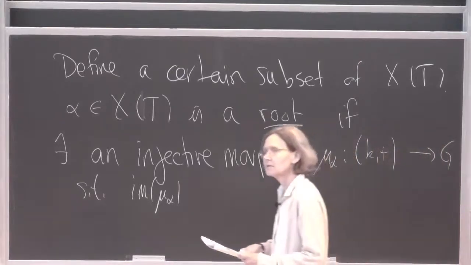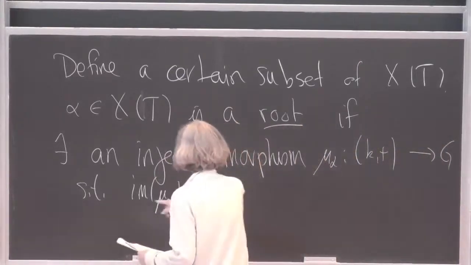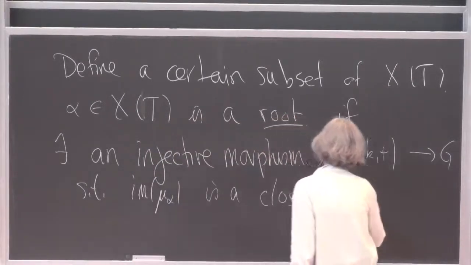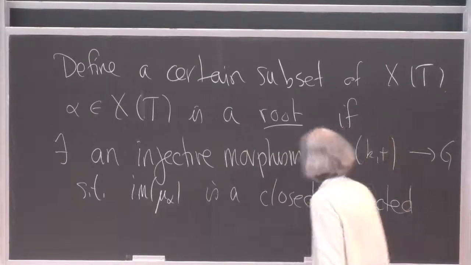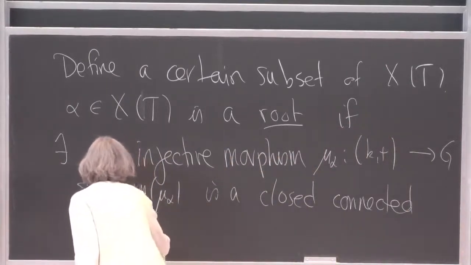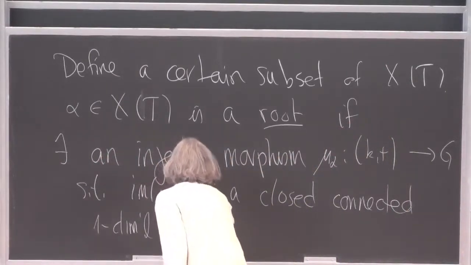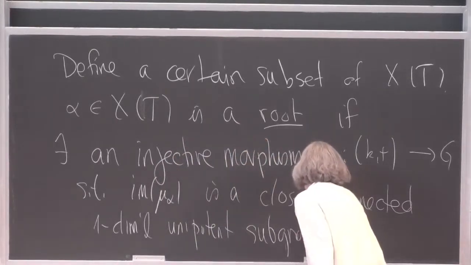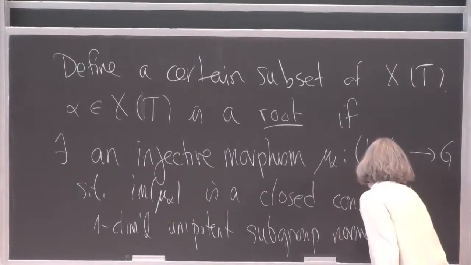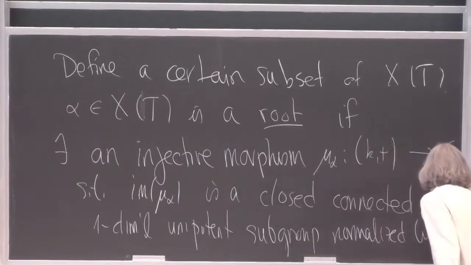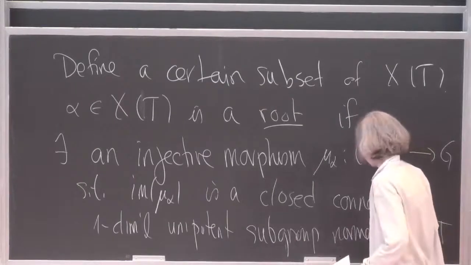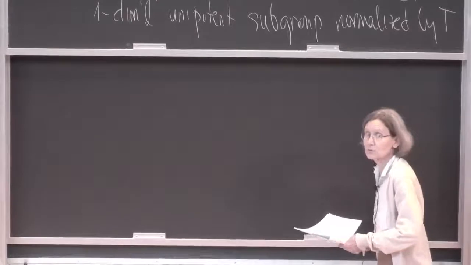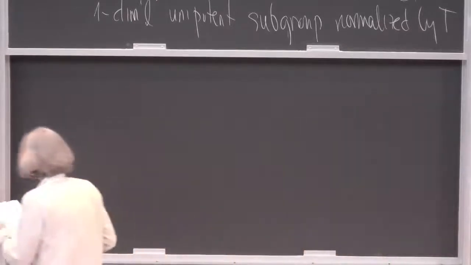And I want it to be normalized by T, so that this thing here is a closed, connected, one-dimensional unipotent subgroup, but normalized by T in such a way that the action of T on that group is given by this character alpha.